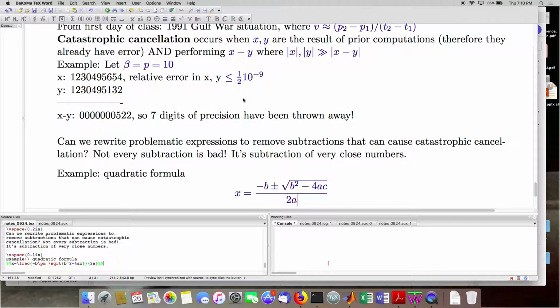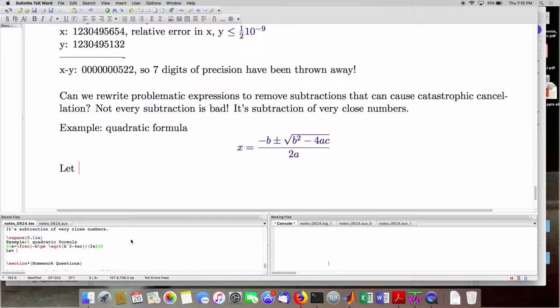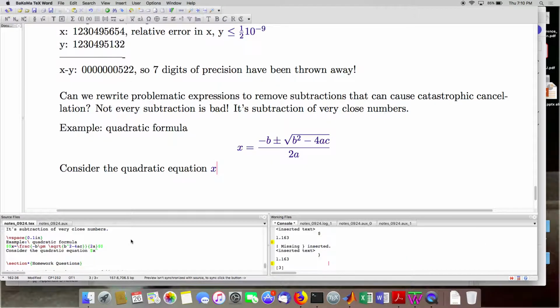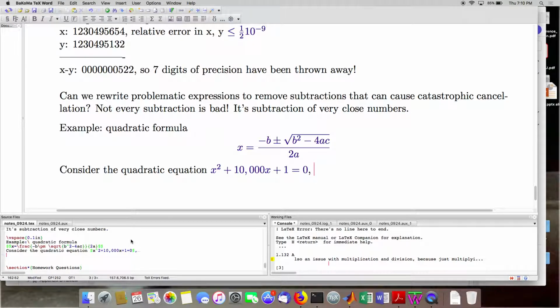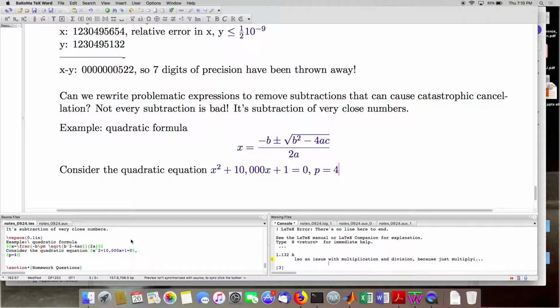So here we have our very familiar quadratic formula, and let's consider the quadratic equation x squared plus 10,000x plus 1 equals 0 with, say, p equals 4. So very limited precision here, but just for sake of the example.